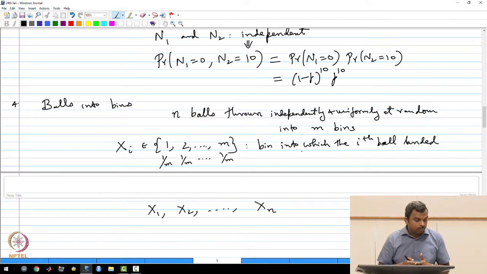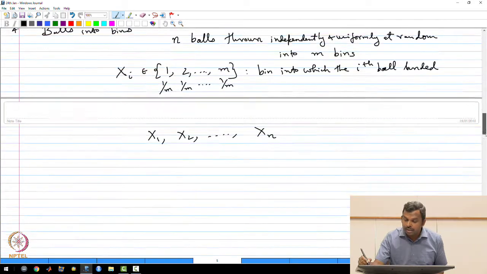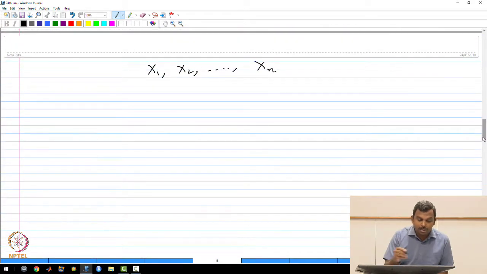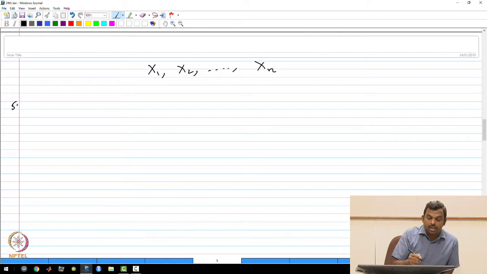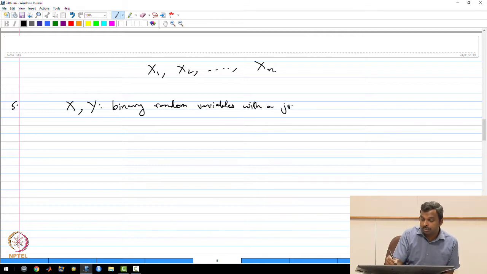The last example I want to do is quite important, and it will reinforce the idea of independence and dependence and all of that. So I'm going to consider the case where x and y are binary random variables with a joint distribution pxy.